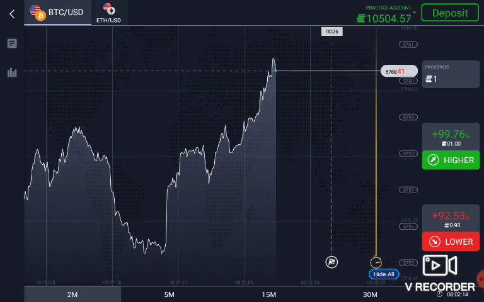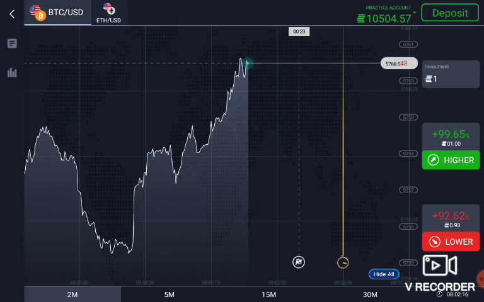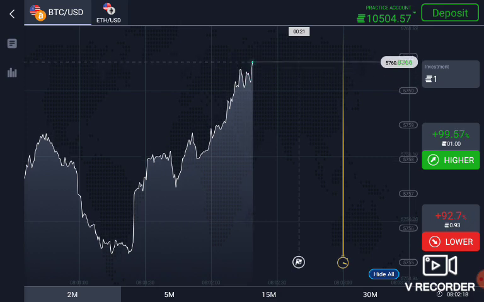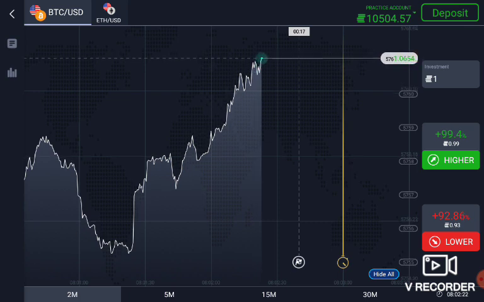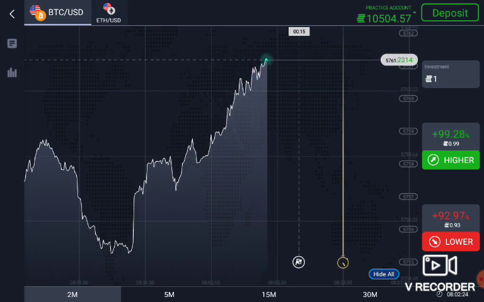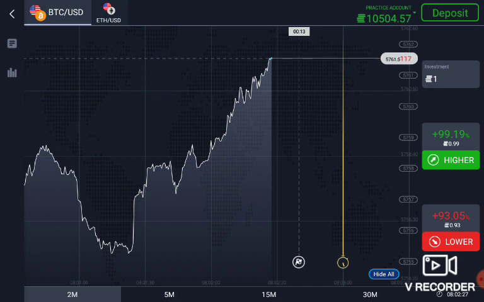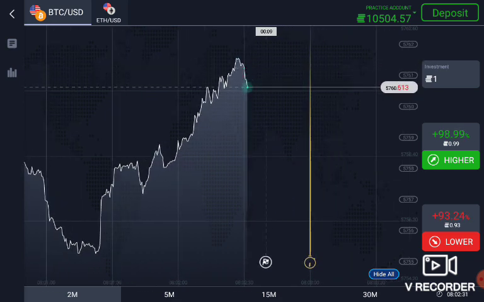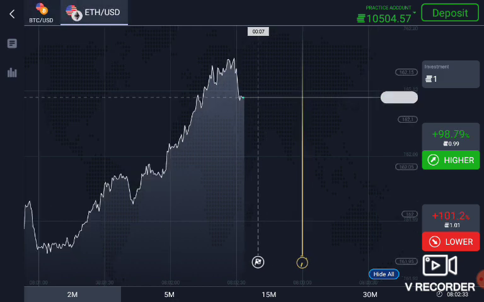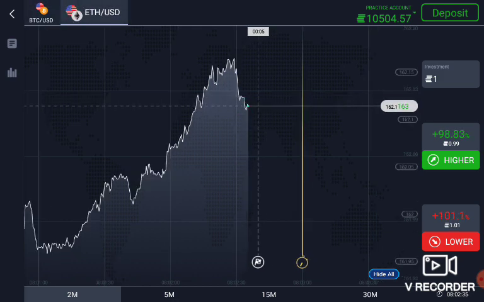As you can see, I've been trading already with mine. Right now, I have a total of 10,504.57 of the practice coins. Over on the upper left-hand side, you can see that you have two different currencies that you can trade options with, being Bitcoin versus USD and Ethereum versus USD.